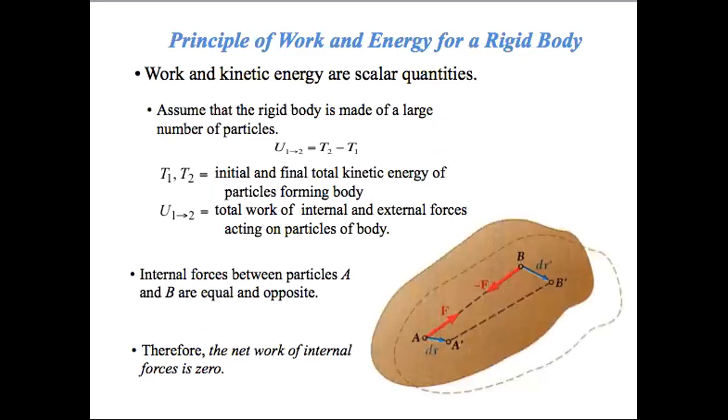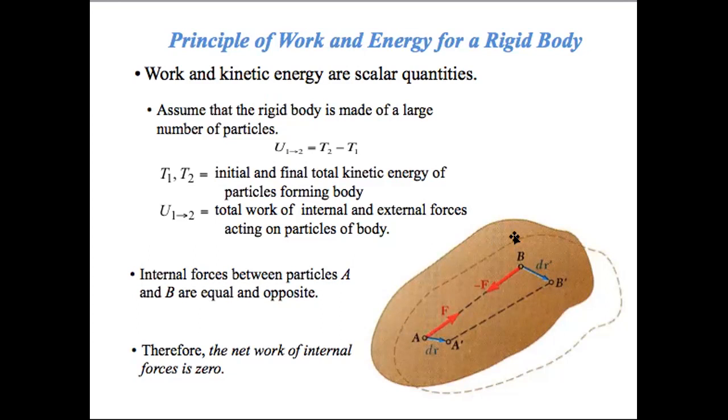From previous chapters, we learned that work and kinetic energy are scalar quantities. Assume that the rigid body is made of a large number of particles. So we have U1-2 equals T2 minus T1. T1 and T2 are the initial and final total kinetic energy of the particles forming the body, and U1-2 is the total work of the internal and external forces acting on the particles of the body.